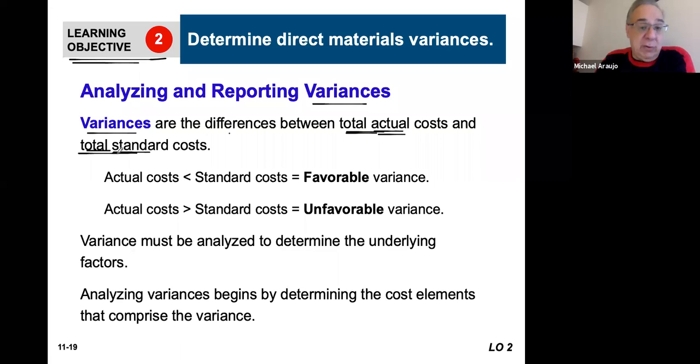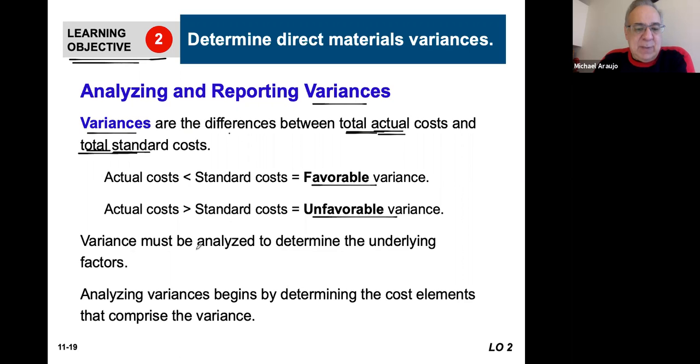So in general, if your actual cost is less than your standard cost, you're set to have a favorable variance. But if your actual costs are greater than the standard costs, then your variance is considered unfavorable.